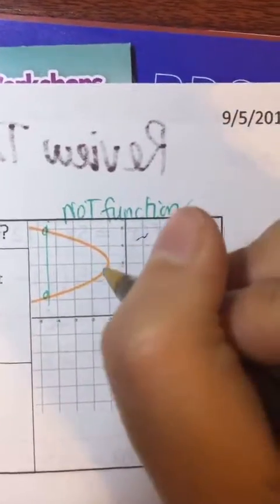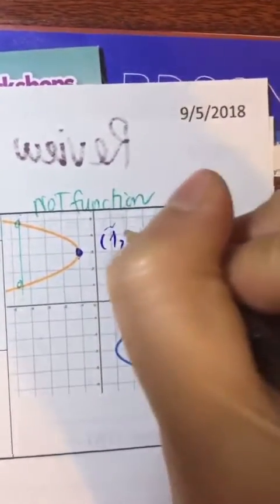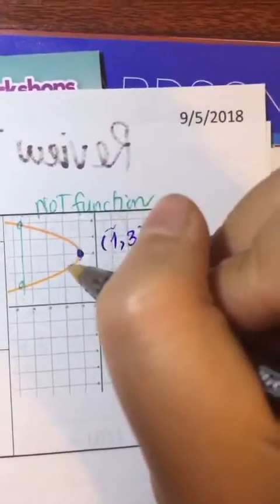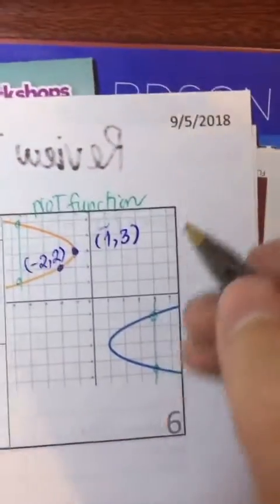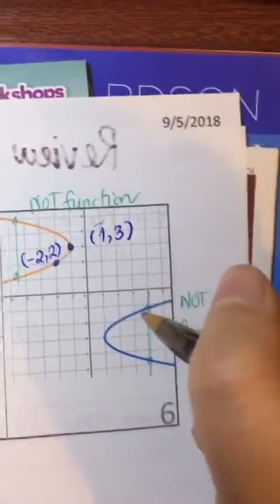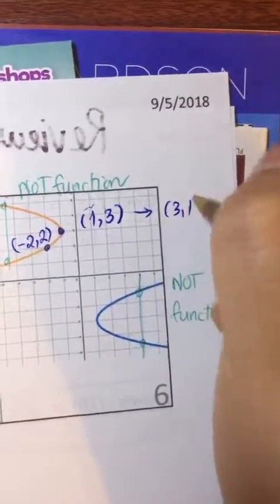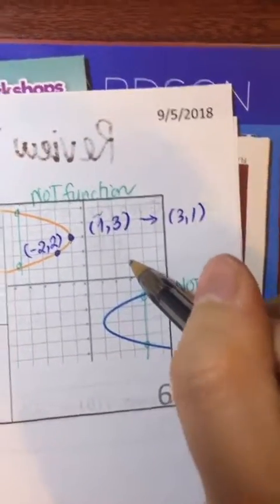Remember, like earlier, we're going to pick 2 points from the top graph right here. The good point that we can see right here is 1, 3. Okay, and the next point I'm going to pick is this, -2, 2. Okay, so let's check if they are on the other graph. If I switch this one, I'm going to have 3, 1. So 3 is right here and 1 is right here.